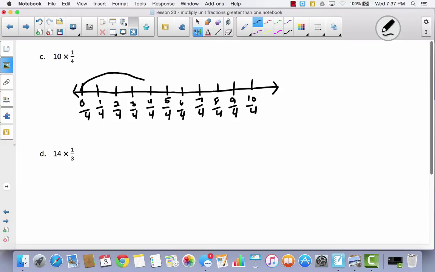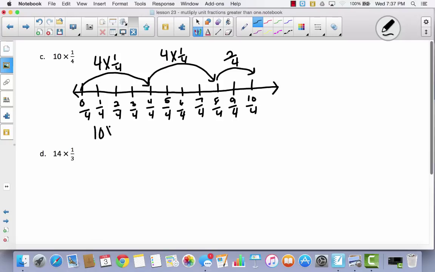So I've got 4 times 1/4. There's 4. I'm going to do 4 more. 4 times 1/4. So this is 8. Well, I'm only going to 10, so I can't do 4 more. I can just do 2 more. So here's my 2 fourths. So I've got 4 fourths 2 times.